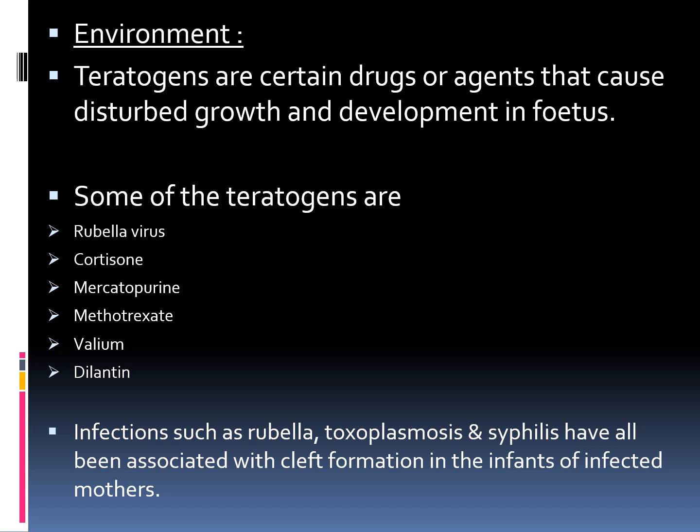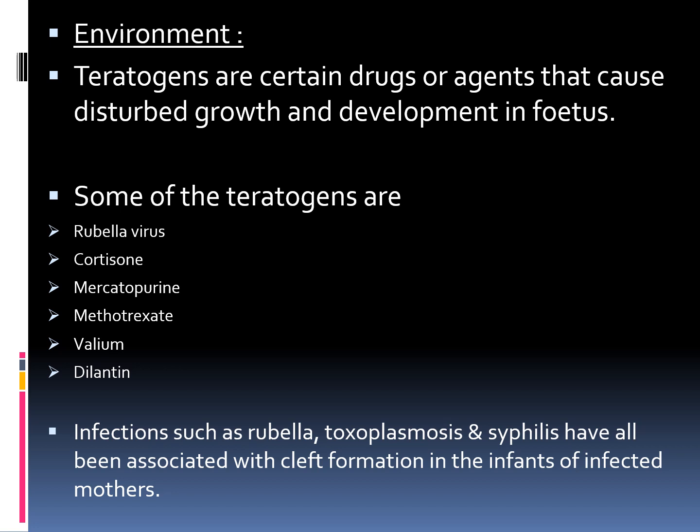Some of these teratogens are the rubella virus. If the mother has the virus, it definitely goes to the fetus, and hence it can be one of the causes or etiologies for cleft lip and palate.